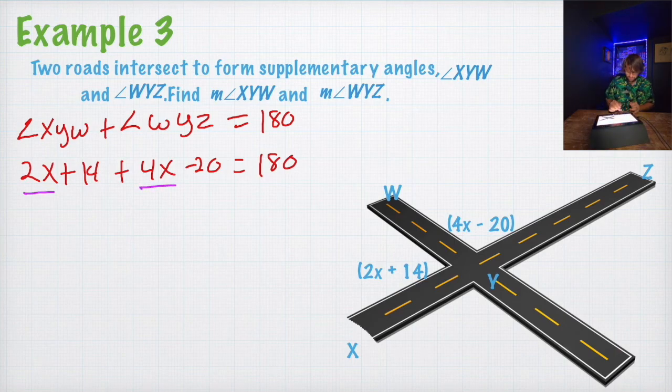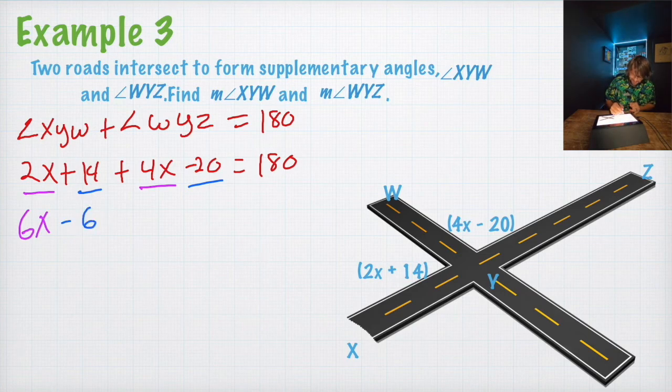So we have x values here, and we have whole numbers here. So our x values are going to be 6x, and the whole numbers give us minus 6, sorry, I should just say minus 6.